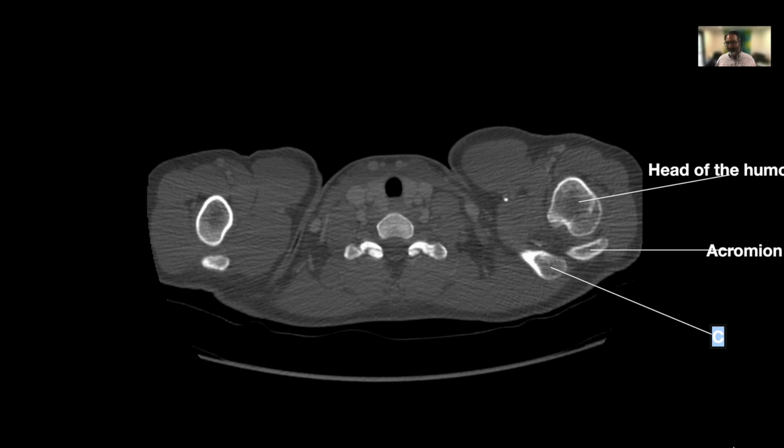It's a bit... Correct. Clavicle. Correct. That's the acromioclavicular joint. Yep. The acromion end of the clavicle. Yep. Correct. Well done.